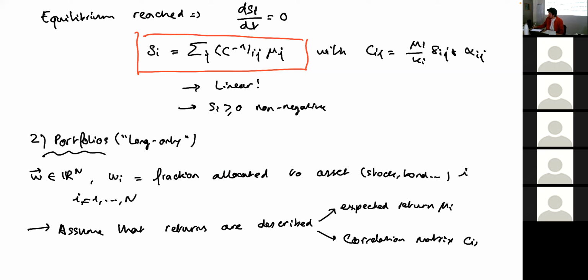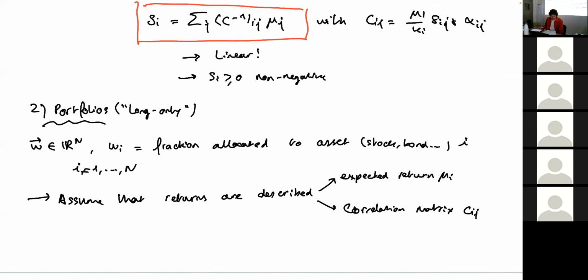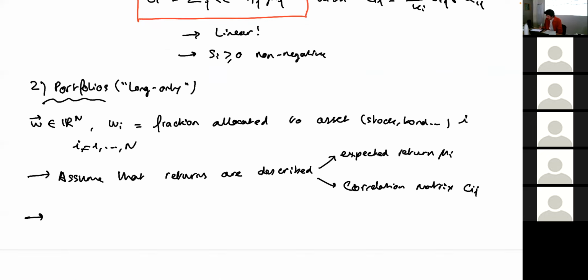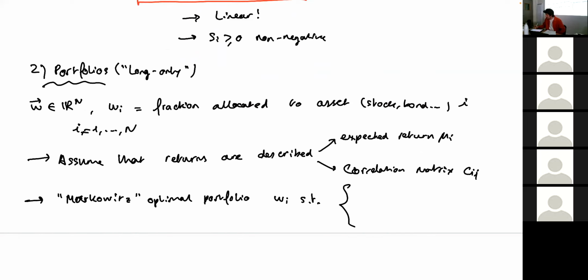So of course the statistics could be a lot more complicated, but really we're going to restrain ourselves to this. And so then the, say, what's called the Markowitz optimal portfolio is that which satisfies, basically, the very conventional optimization problem where you minimize some quantity.